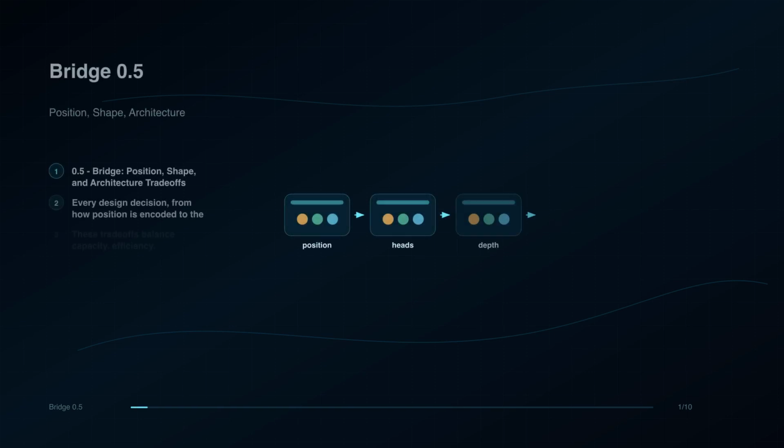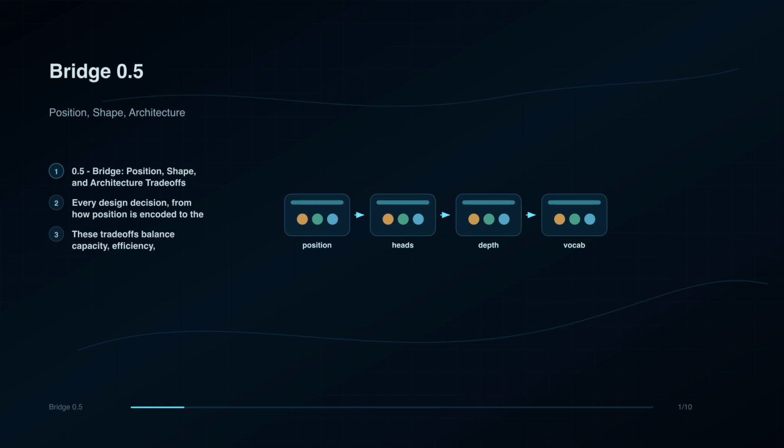Bridge, position, shape, and architecture trade-offs. Transformers are powerful, but they are not simple. Every design decision, from how position is encoded to the dimensions of the layers, involves trade-offs.